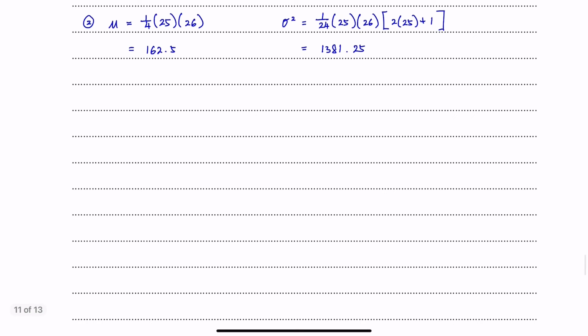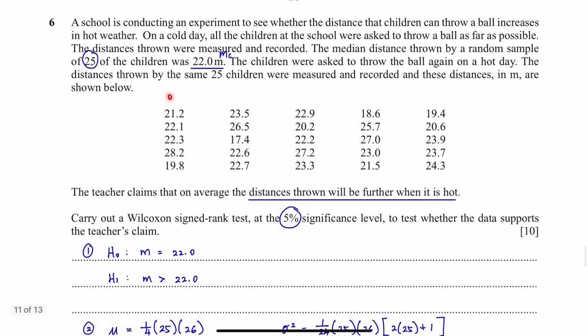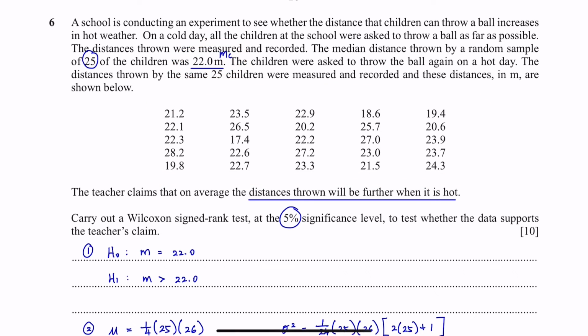Okay, now for the test statistics. We first need to find the difference between these values and the mean during the cold day. So we take the values one by one minus 22.0.